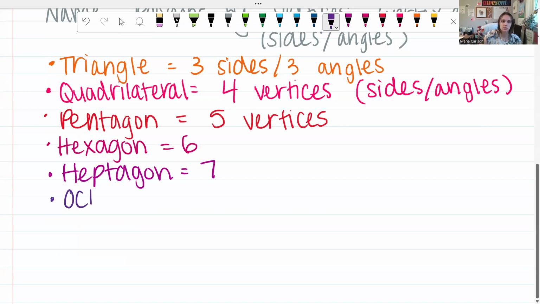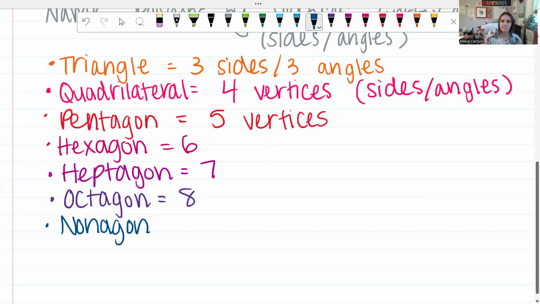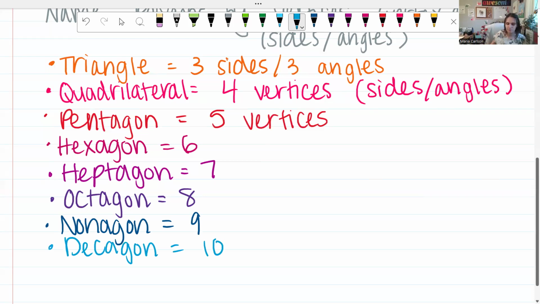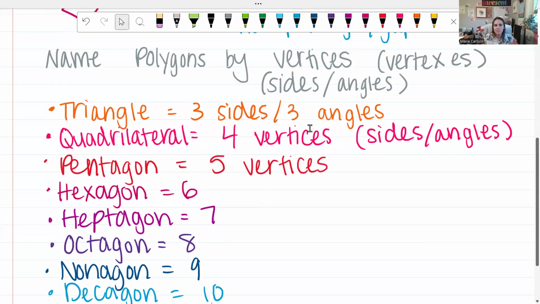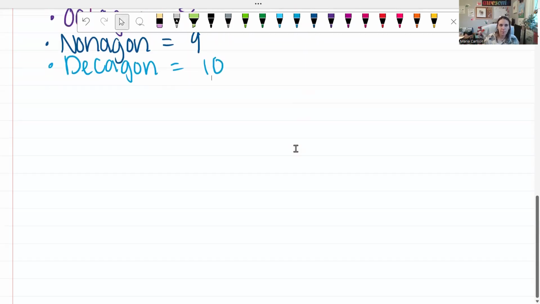An octagon has eight. A nonagon has nine, and a decagon has ten. Ten sides with ten angles. So those are the main types of polygons that we have.